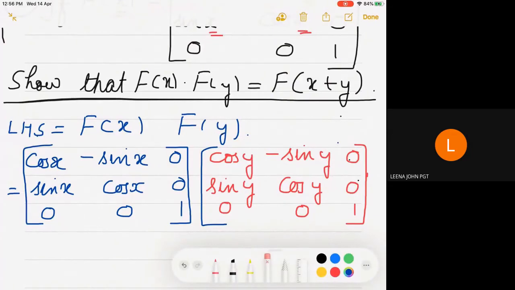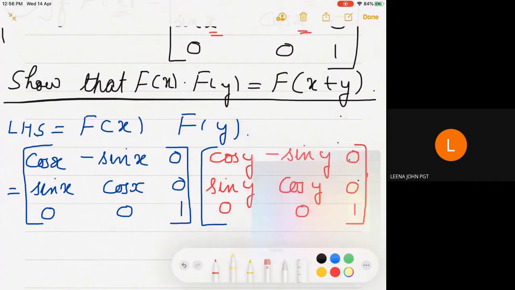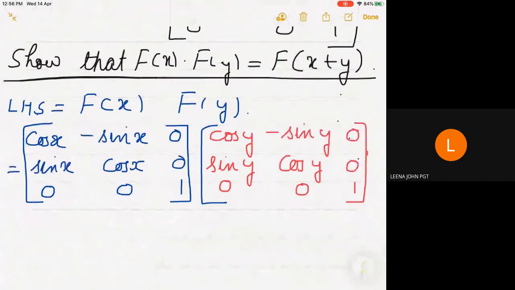Now you have to recollect matrix multiplication. For recollecting matrix multiplication, just remember that when you multiply two matrices, from the first matrix you consider the rows, and from the second matrix you consider the column.